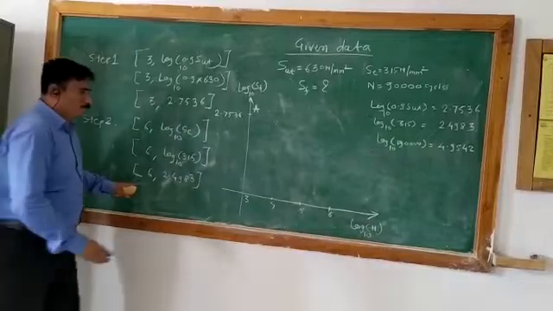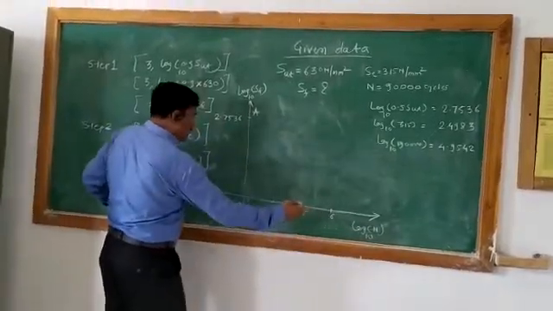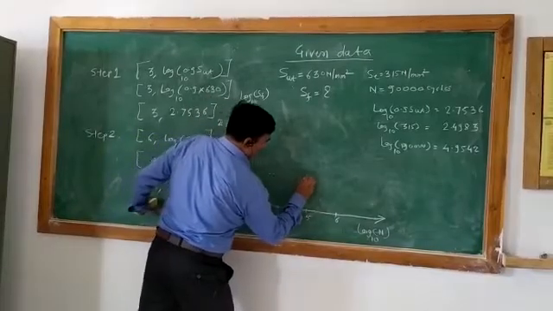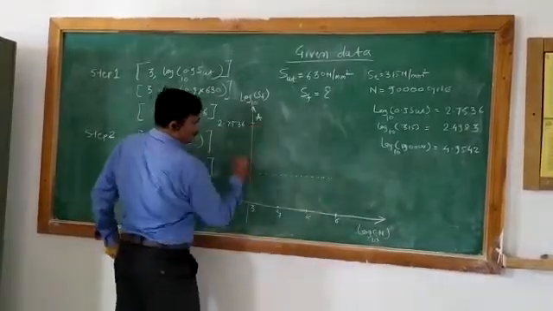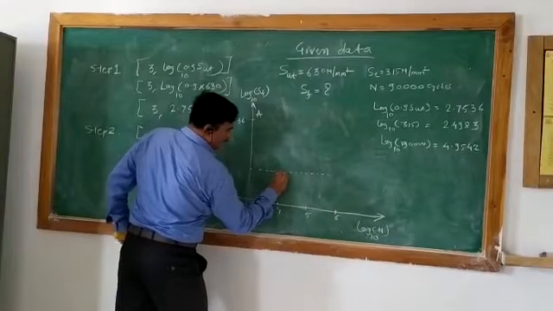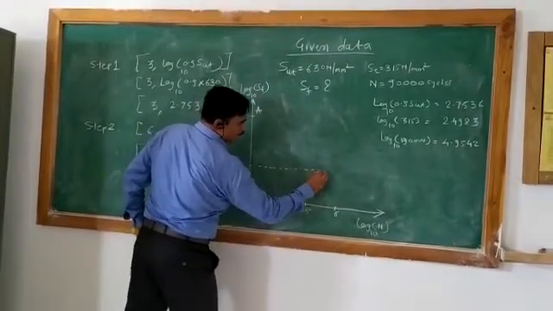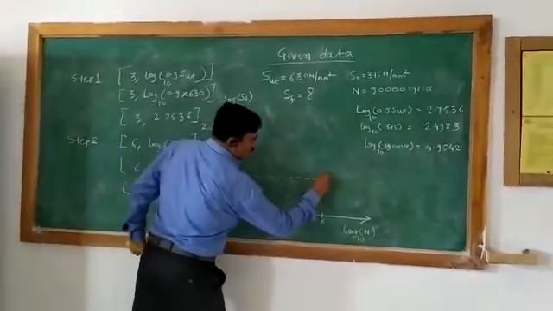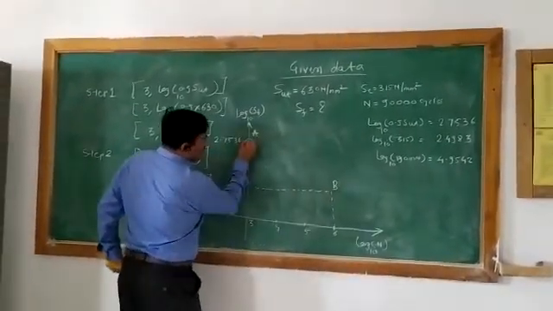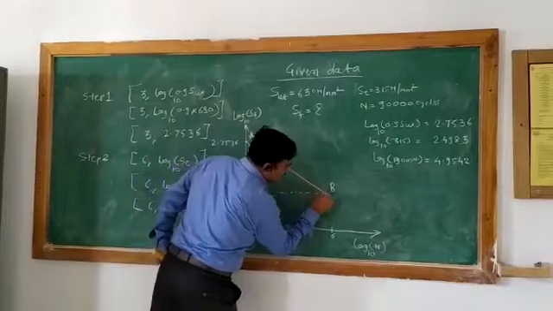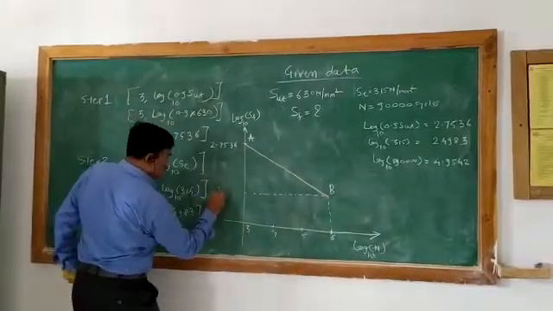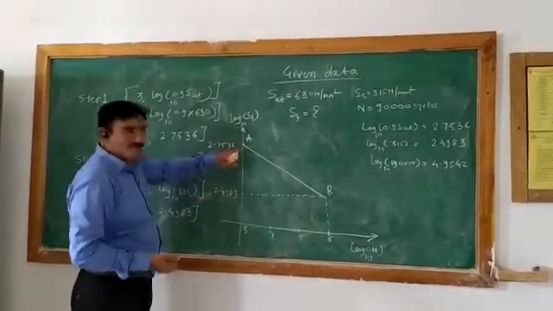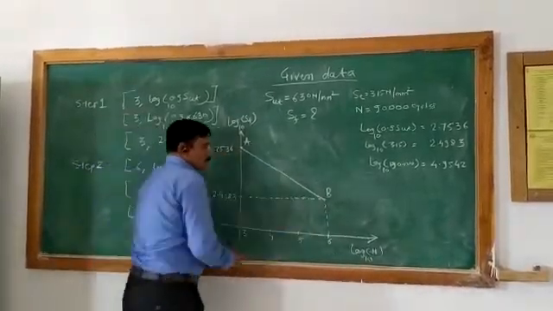So I will take this point, and this one is B. So I will join these two points with a line. This is the point 2.4983. So this one is the first coordinate, this one is the second coordinate.